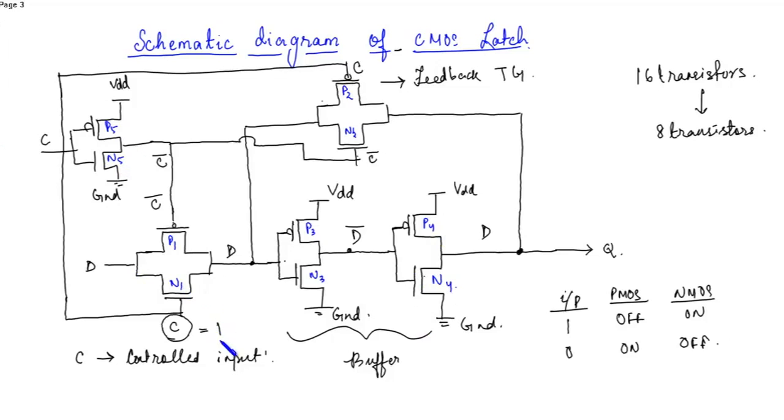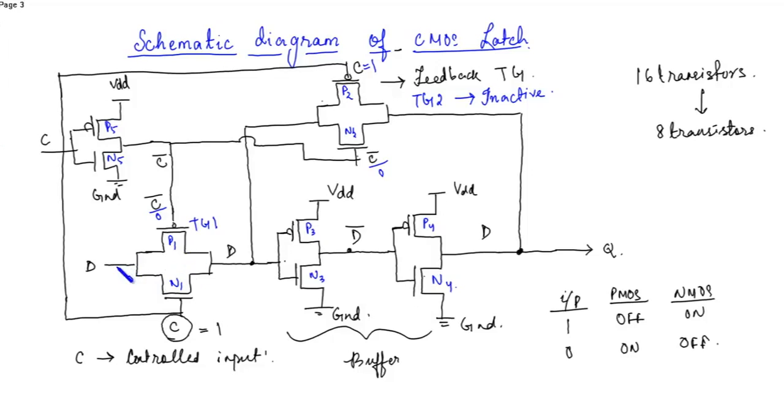So when C is 1, then here C bar will be equal to 0. Then this transmission gate will be activated, and over here C bar becomes 0 and here C is equal to 1. So transmission gate 2 will be inactive, and transmission gate 1 gets activated.